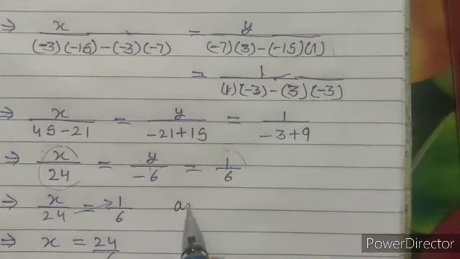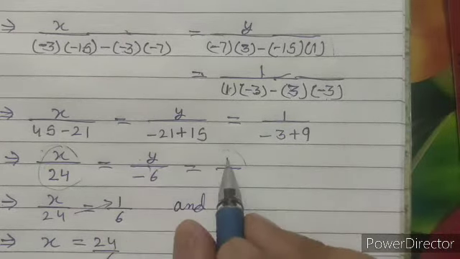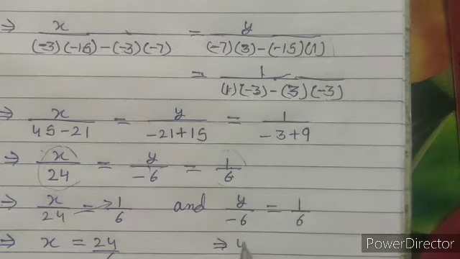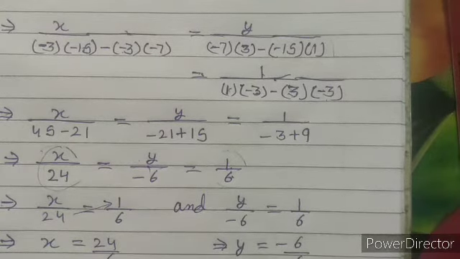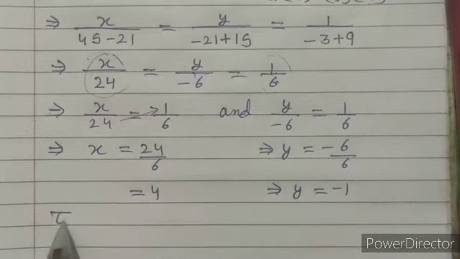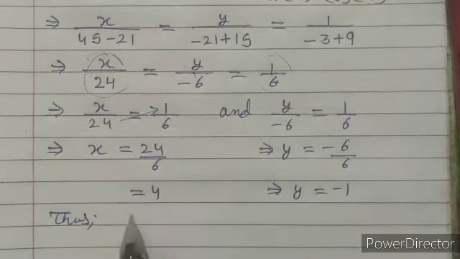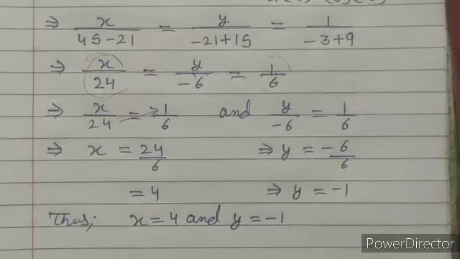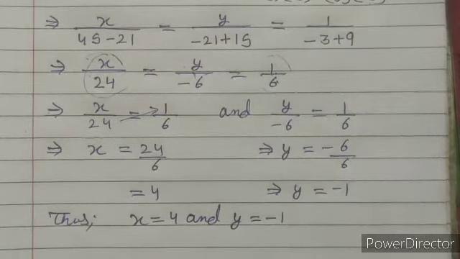Similarly, here y upon minus 6 is equal to 1 by 6. That means y will be equal to minus 6 by 6, and that will give us y equal to minus 1. Thus we can say x is equal to 4 and y equal to minus 1. So this is our solution by the cross multiplication method.